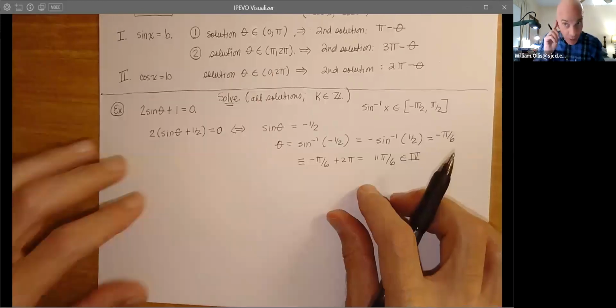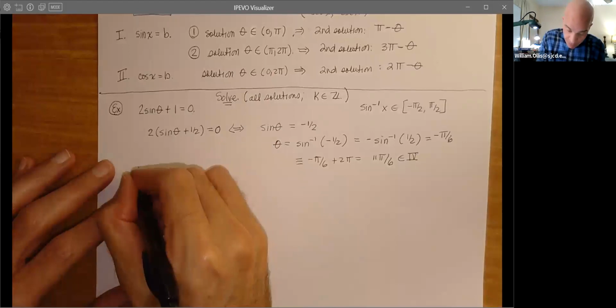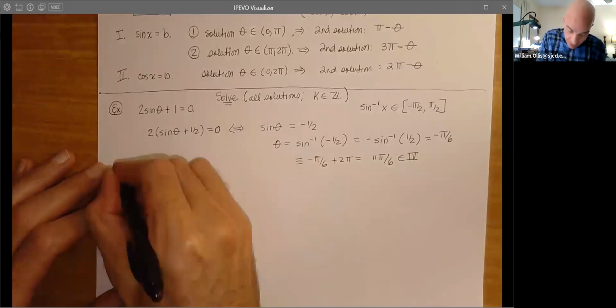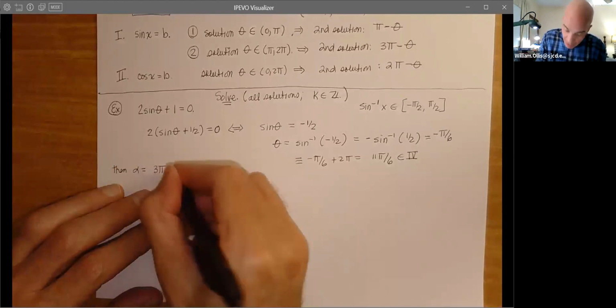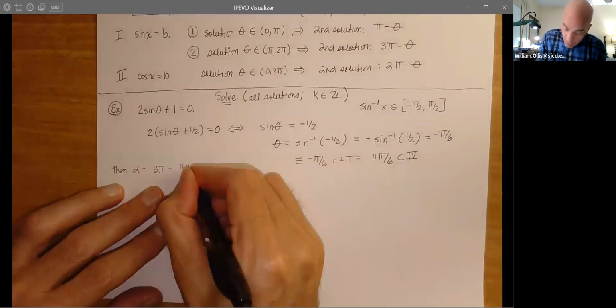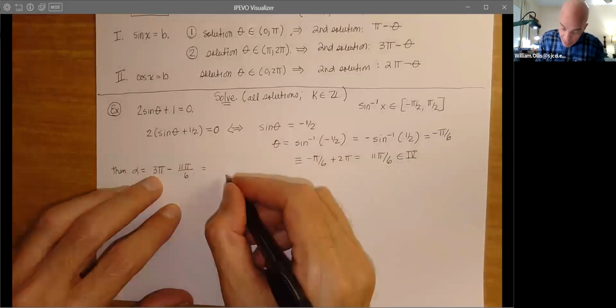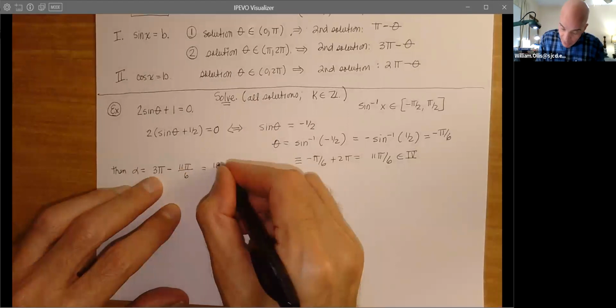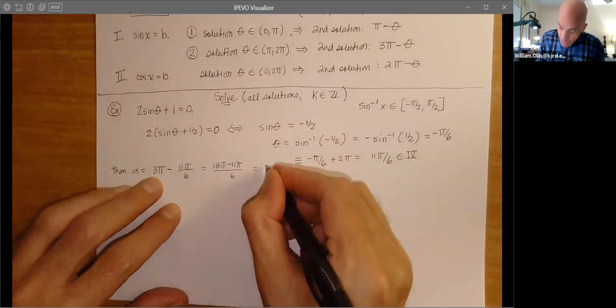So we can call the other solution alpha if you want. So then alpha will just be 3π minus 11π/6. That's going to give us something in the third quadrant. So that's going to be 18π minus 11π/6, and that gives us 7π/6.